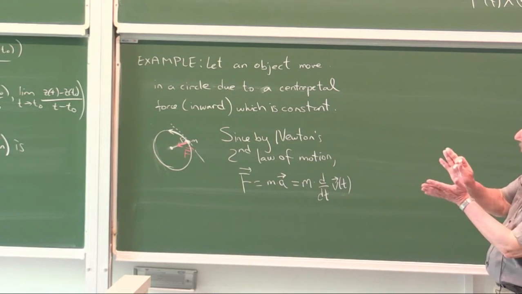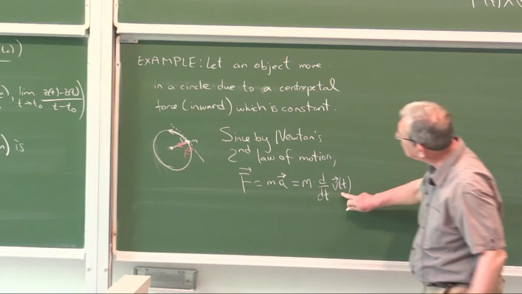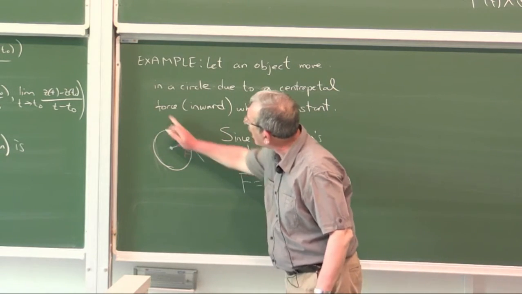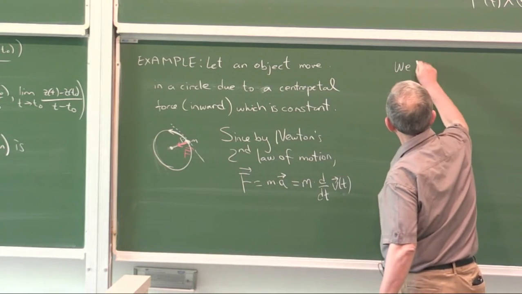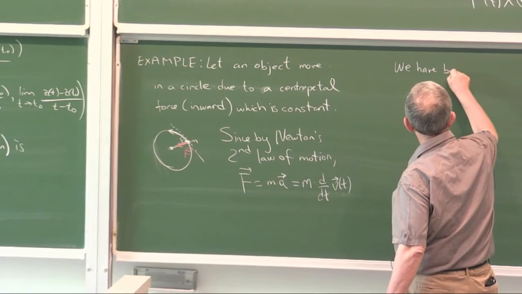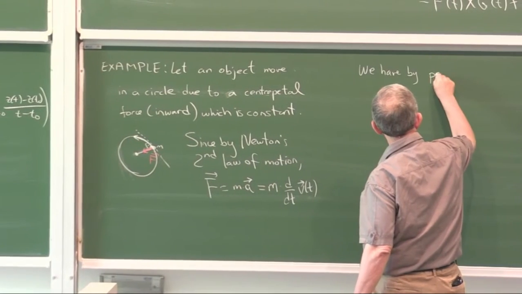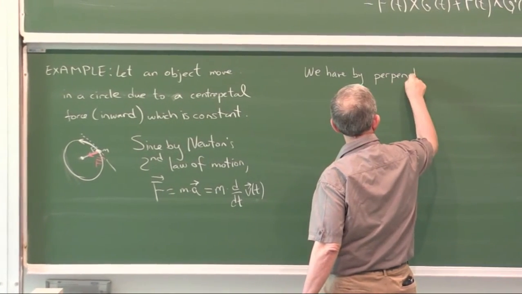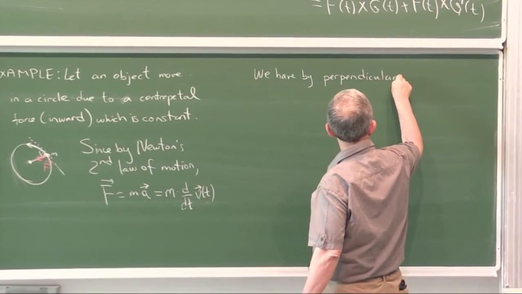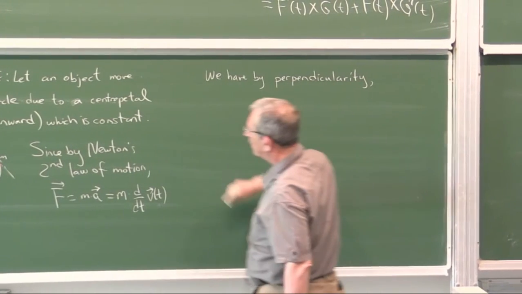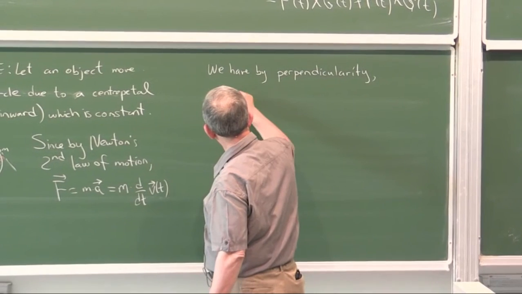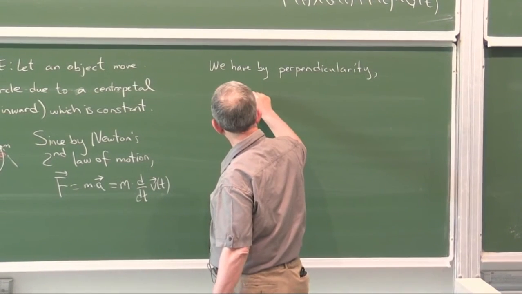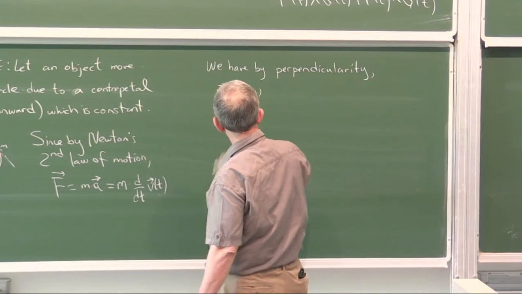But because of the perpendicularity, and the velocity vector is in the tangent line direction, we have by perpendicularity that F is perpendicular to v at any time.